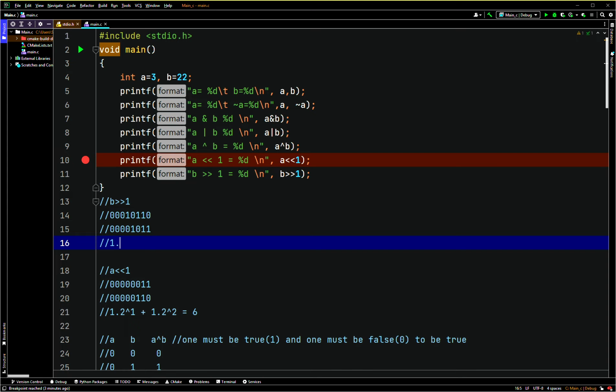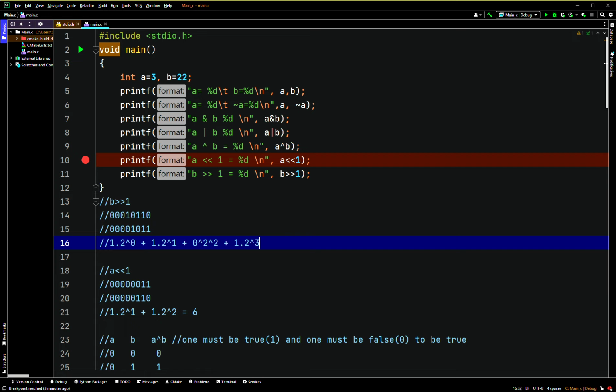So the answer is 1 times 2 to the power of 0 plus 1 times 2 to the power of 1 plus 0 times 2 to the power of 2 plus 1 times 2 to the power of 3.